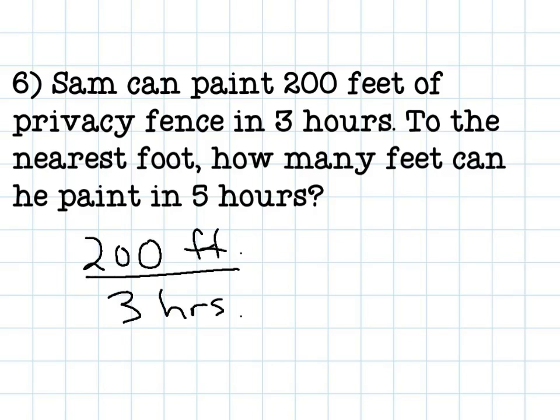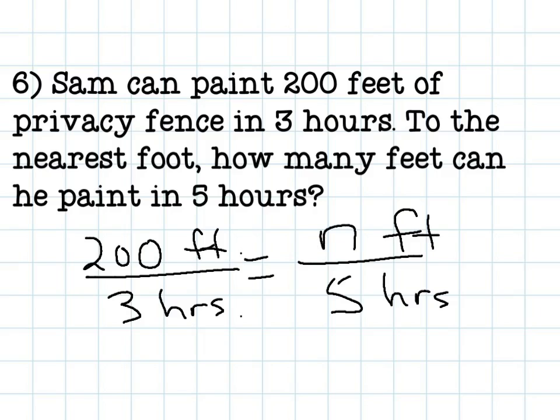Then it says, to the nearest foot, how many feet can he paint in 5 hours? Well, we know that over here we have to have hours on the bottom because we have the same thing on the top as we do on the bottom. So those two things have to be in the same spot. So now we have 5 hours.